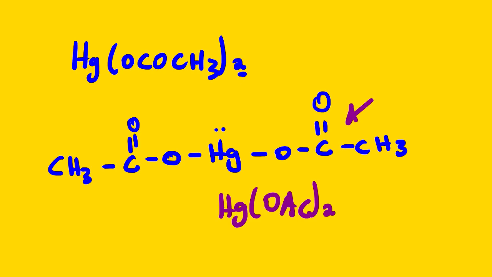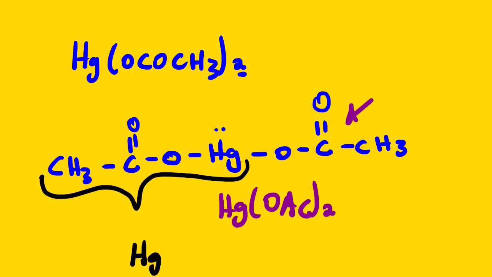If we take this part, we call this a mercury species, and then we can write it in this manner. It's HgOAc. Since we only have one of these, we don't have two here, and it is positively charged. So it is important to take note of this. You will be seeing more of this when we are dealing with the mechanism.